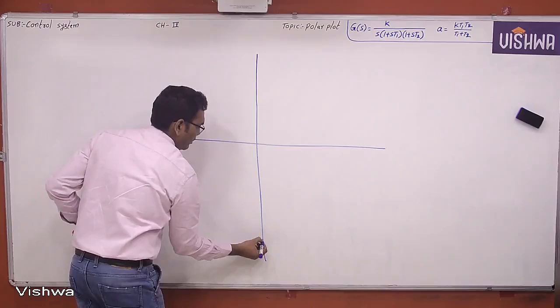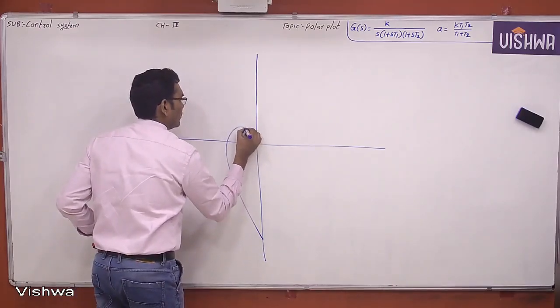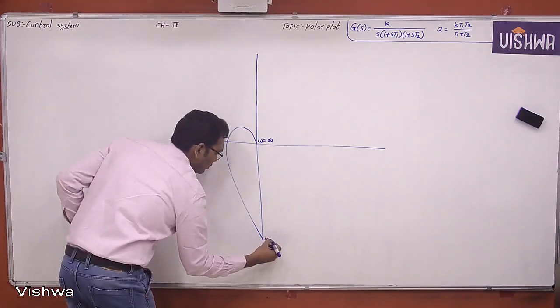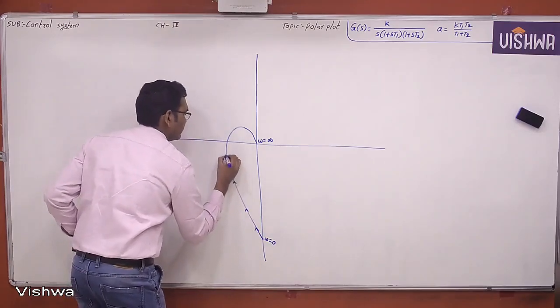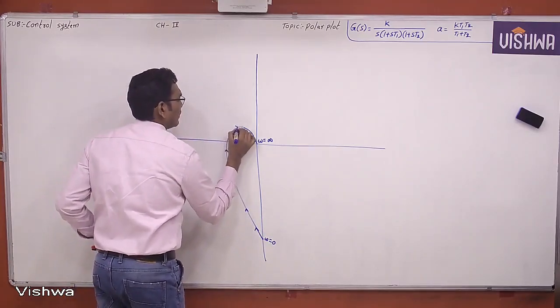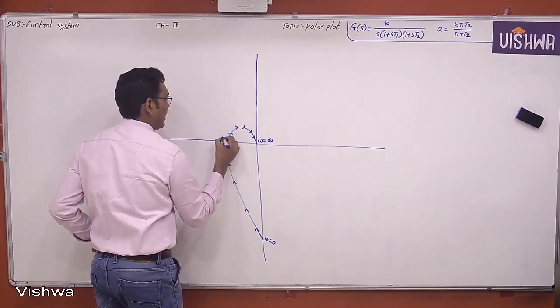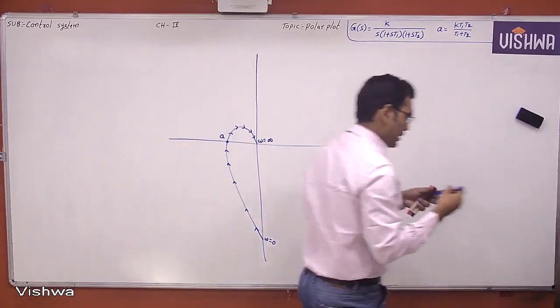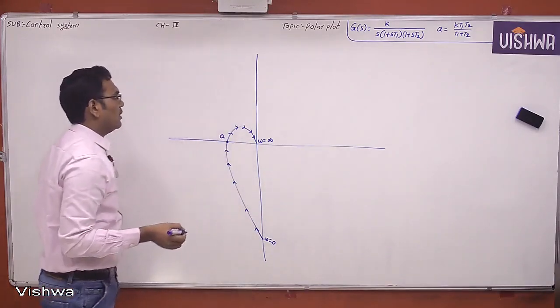This is type 1, order is 3, omega equal to infinity, omega equal to 0, and this is the direction. And the polar plot is crossing the negative real axis, there the magnitude is A. Here the magnitude is A.